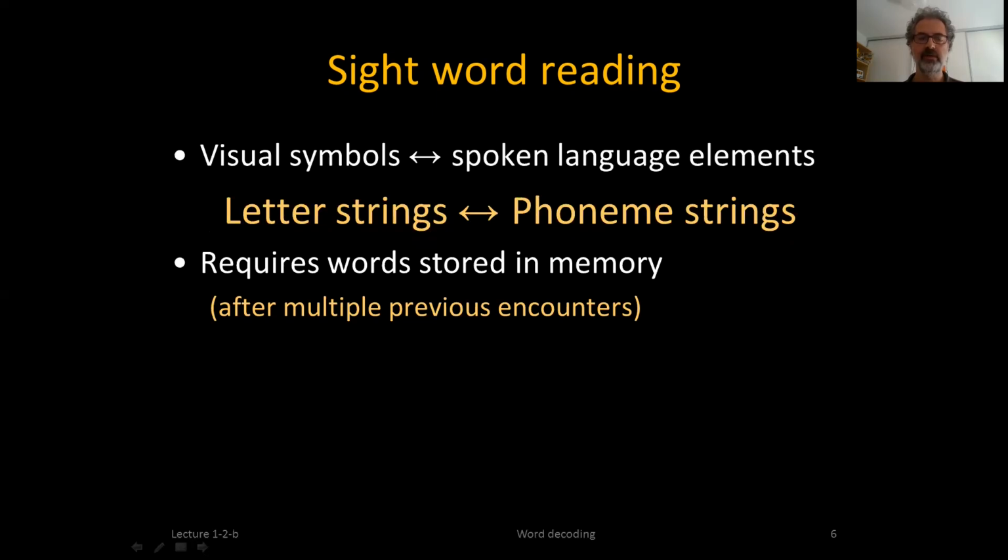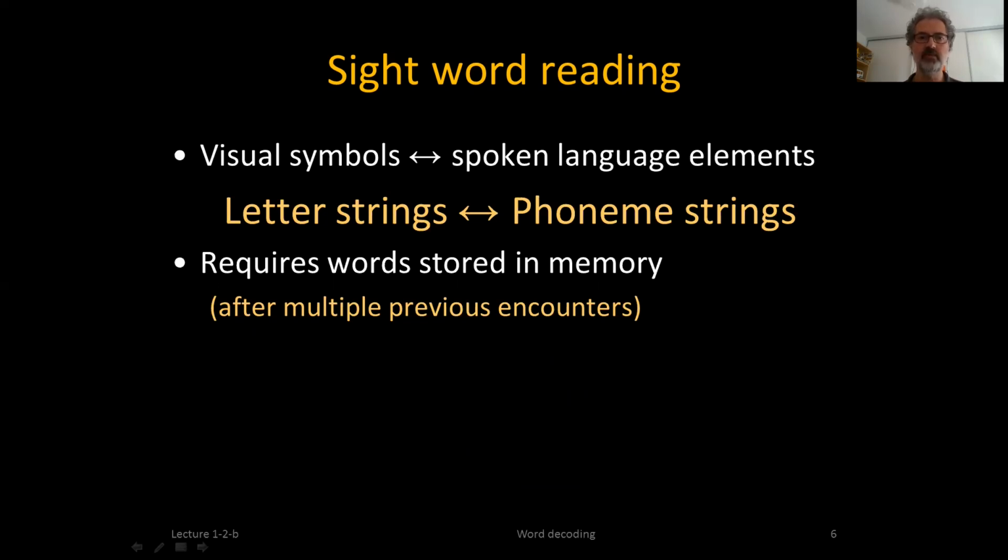For this to work, you must have the words stored in your memory. Not only the spoken words, of course, but also the written words. This means that the letter strings or the sequences of letters that form familiar words have been encountered multiple times. You have read them before several times.